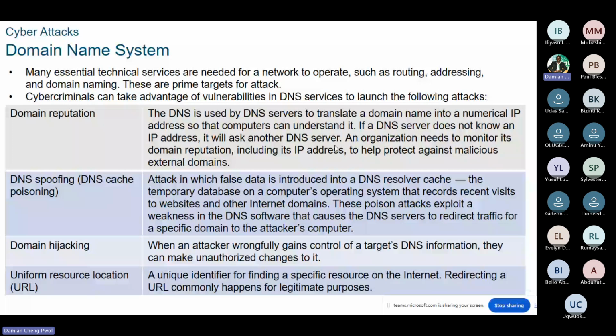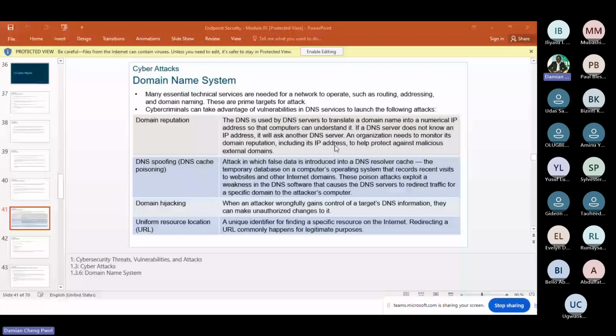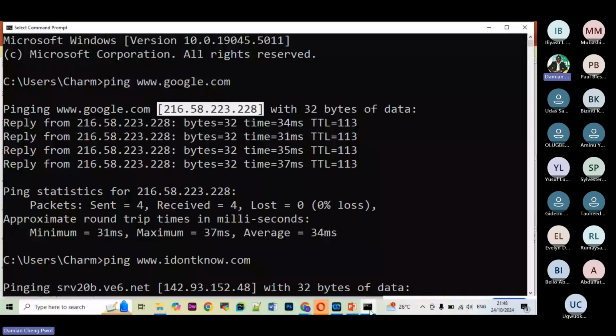So, DNS spoofing. What I will need to do is quickly read through. DNS spoofing is more like somebody who takes advantage of this IP address, and then attacks those who visit the site.